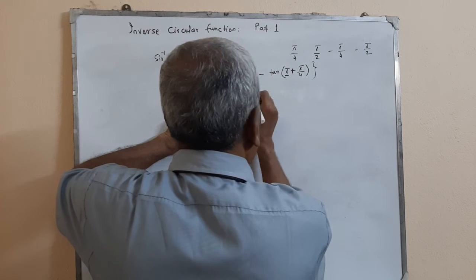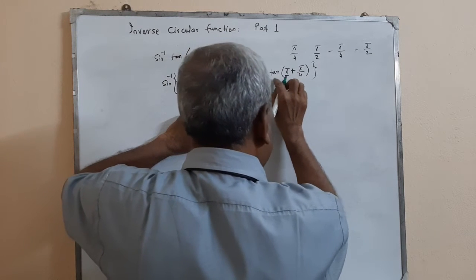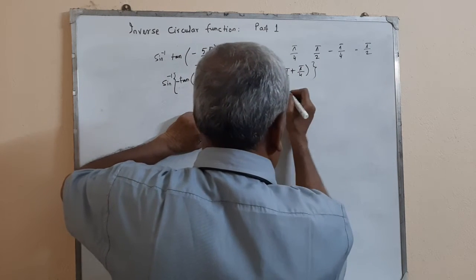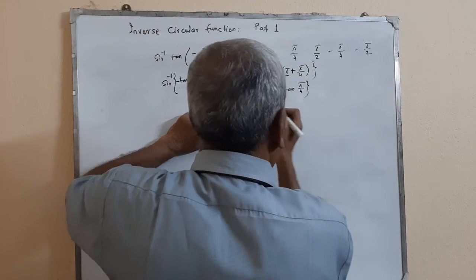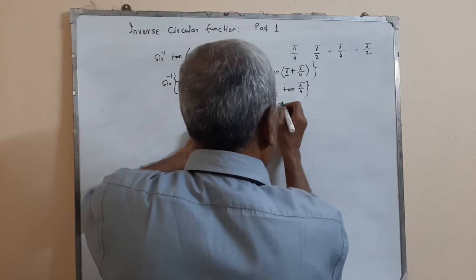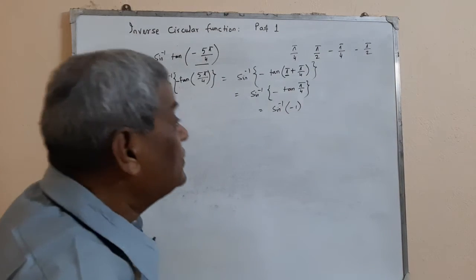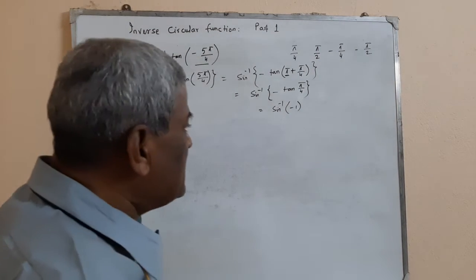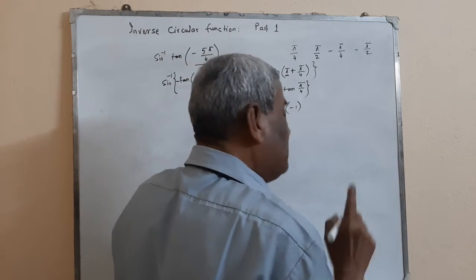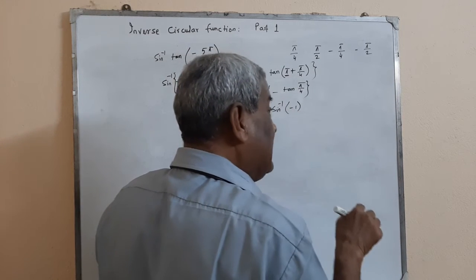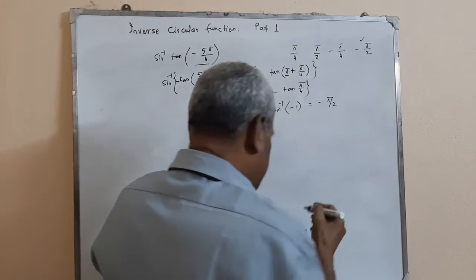So it is sine inverse of minus tan of pi by 4, which is sine inverse of minus 1. Now, the principal value of sine inverse minus 1: sine inverse 1 is pi by 2, and sine inverse minus 1 is minus pi by 2. So that option is correct.